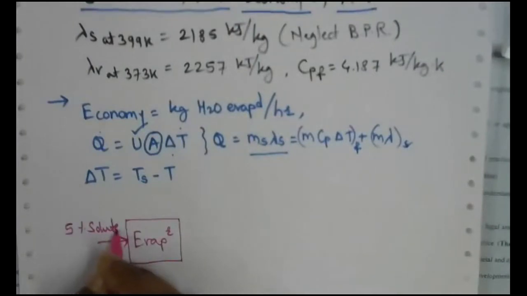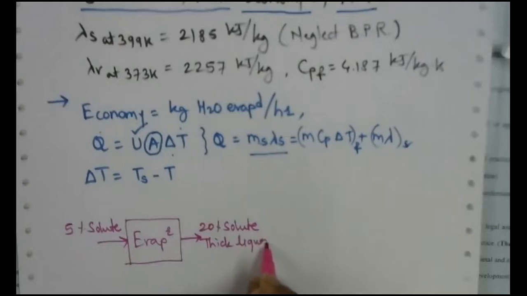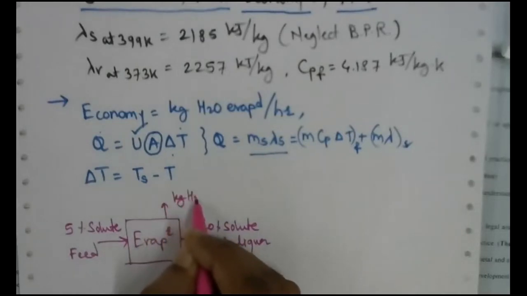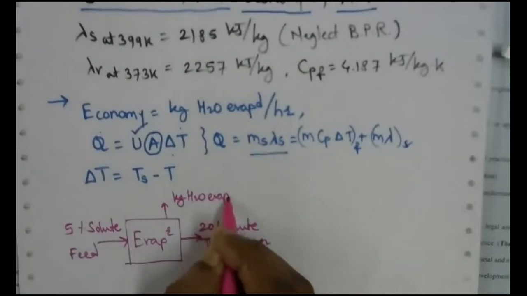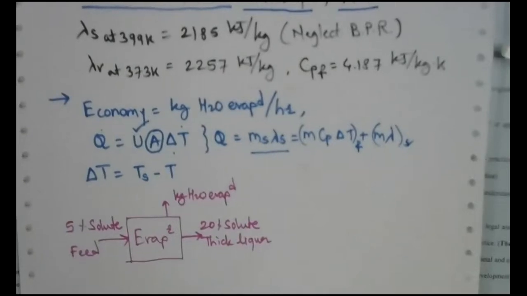So concentration is 5% and it is going to convert into 20% solute. So this is the thick liquor. This is feed or weak liquor. And kg of water evaporated. So this is the block diagram for this evaporator.